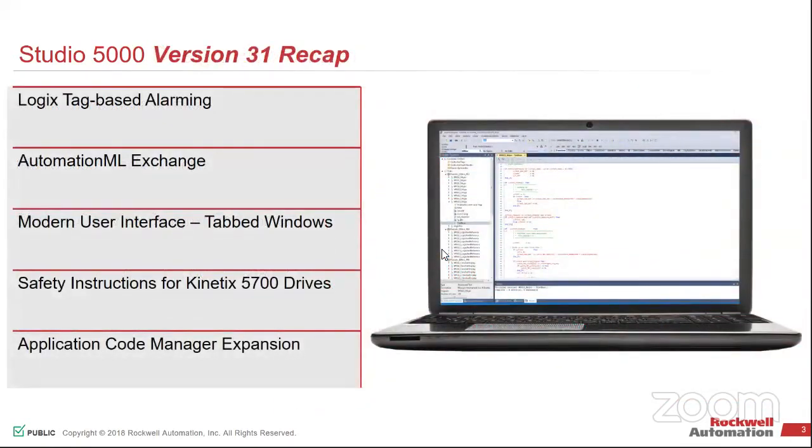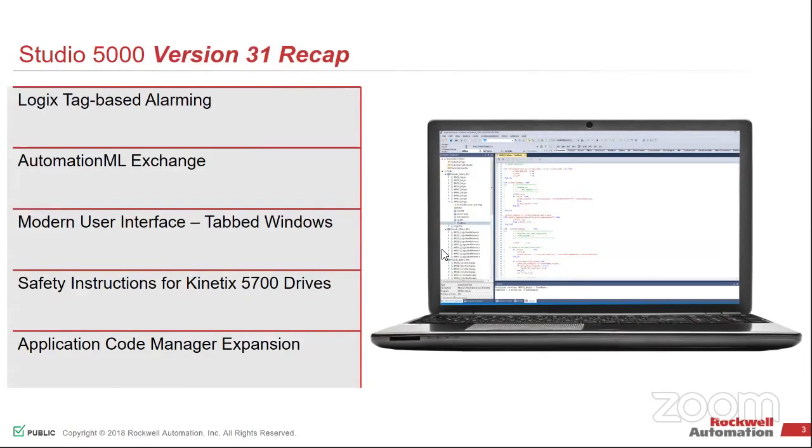Before we start talking about version 32, here is a quick version 31 recap. We'll talk about all these topics. Logix Tag-based Alarming is a big feature that we added starting in version 31, with our high performance controllers supporting it. That's your 5380 CompactLogix and your L8 or 5580 ControlLogix processors.